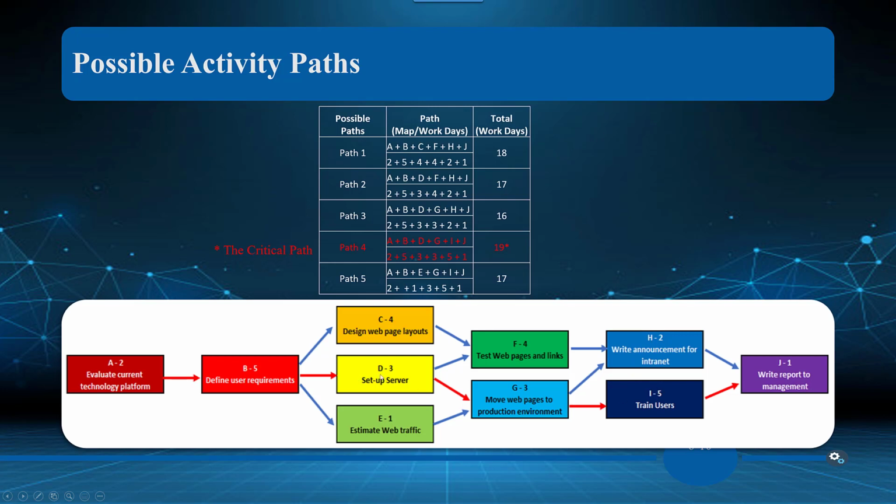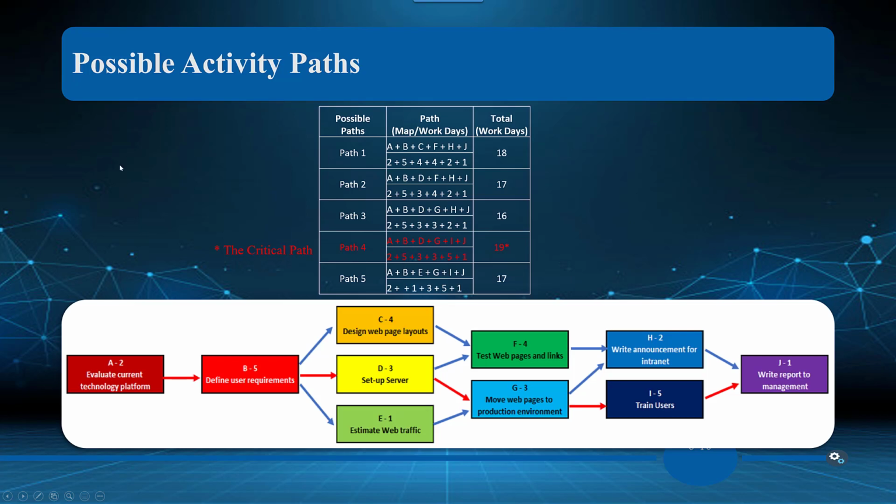So as we start adding this up, if you notice we go to 3, here we go to 3, which is not in this subsequence the longest days. But notice only G is dependent on H and I takes 3 more days than H. And then of course J, writing the report, 1 day.